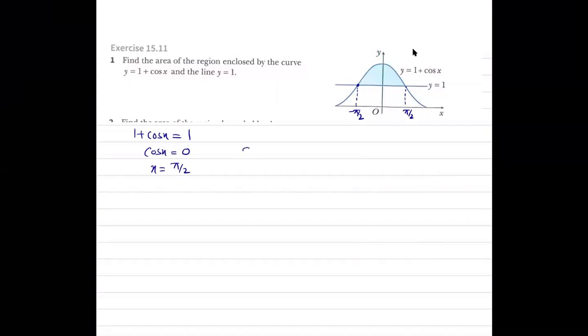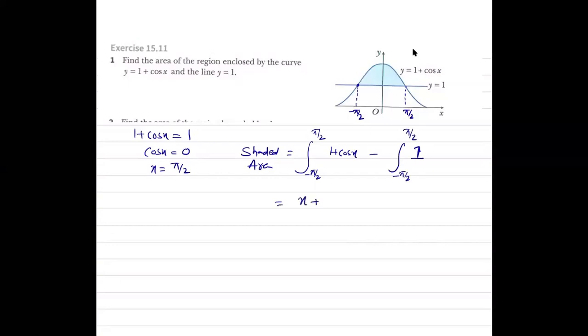So the shaded area is going to be the integral of the upper curve, that is 1 plus cos x from minus pi by 2 to pi by 2, minus the integration of the lower curve, that is 1 from minus pi by 2 to pi by 2.